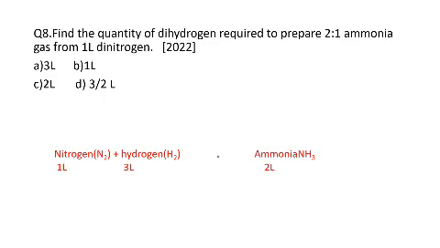Question number 8: find the quantity of dihydrogen required to prepare 2 liters of ammonia gas from 1 liter of dinitrogen. As we see in the reaction, nitrogen reacts with hydrogen to give ammonia. 1 liter of nitrogen reacts with 3 liters of hydrogen and gives 2 liters of ammonia. Then in this question, option A is correct: 3 liters of hydrogen are required.